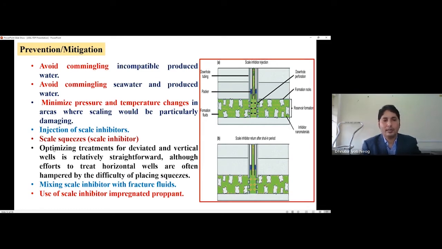These scale squeezes may be injected in both vertical wells and horizontal wells, or the scale inhibitor may be added to fracturing fluids, or mixed with some propant. So whenever water is a component in the production system, a scale inhibitor should somehow be added with that water to avoid the occurrence of scales.